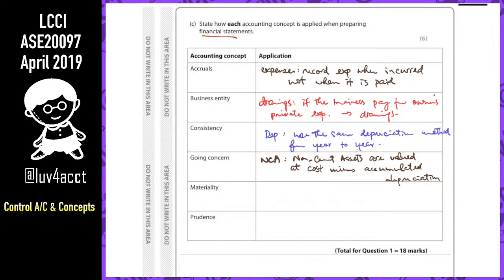Next one, materiality. Items or expenditure not material, or not significant amount, not recorded separately.